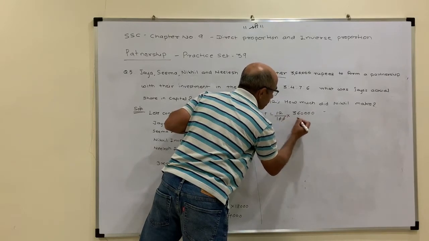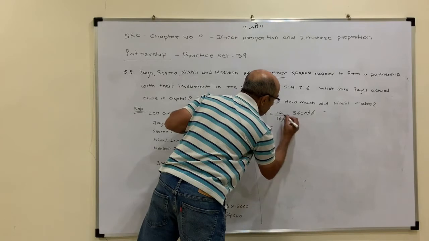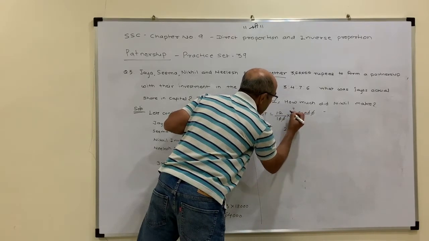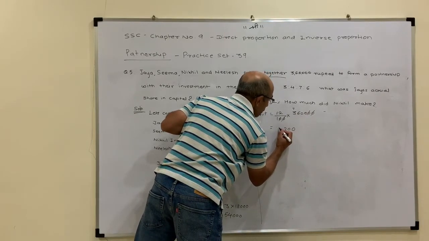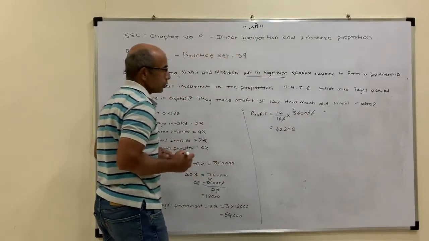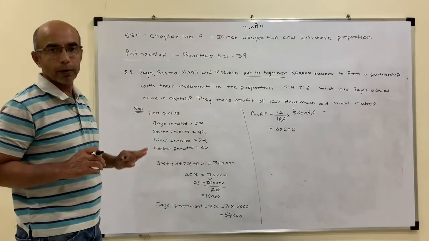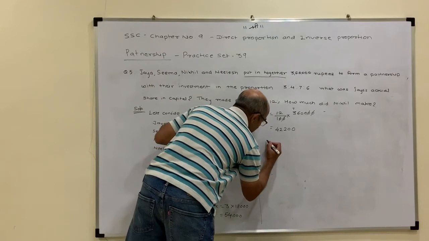So this is gone, this is gone. 12 times 6 are 72, 12 threes are 36 plus 7, 43,200. So the profit is 43,200 rupees. Now again, how much will be Jaya's profit share?